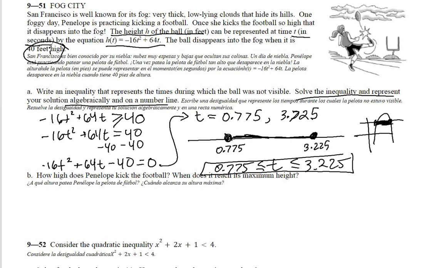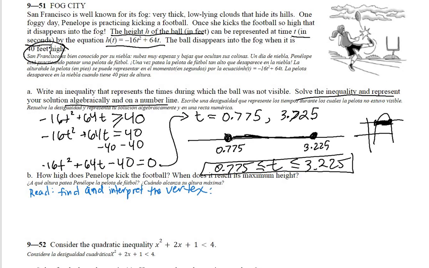Okay, next question. How high does Penelope kick the football? When does it reach its maximum height? That's basically asking me to find and interpret the vertex. So I'm going to read this as find and interpret the vertex.